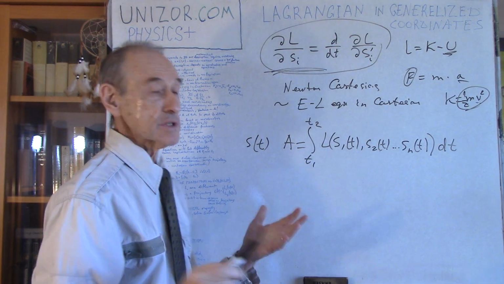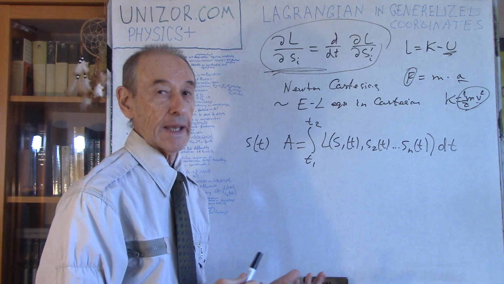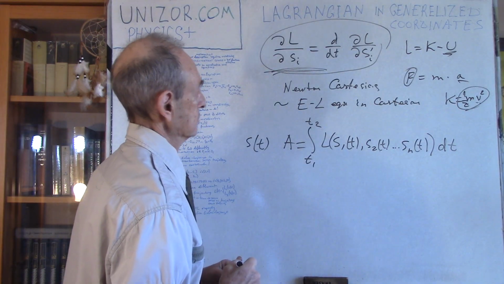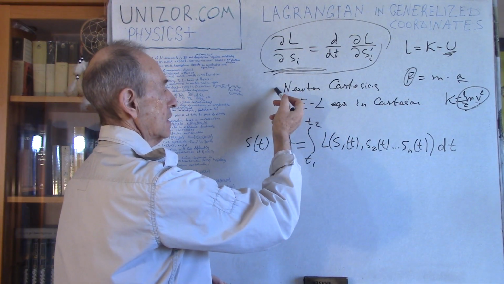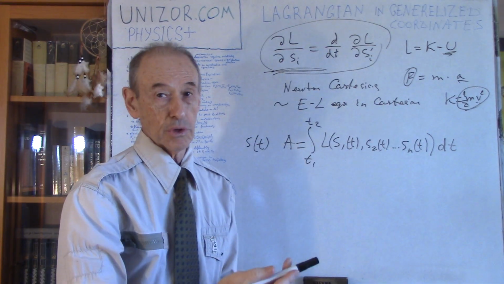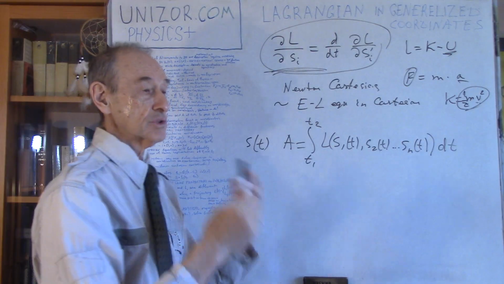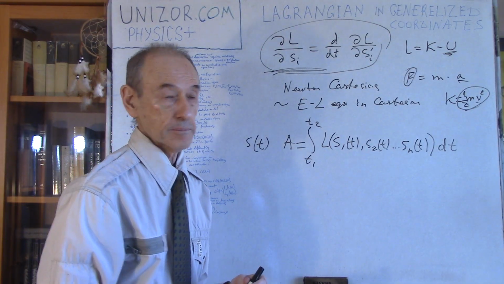So what's interesting is that on one hand, the Euler-Lagrange equation is supposed to be equivalent to Newton in Cartesian system to deliver the trajectory.